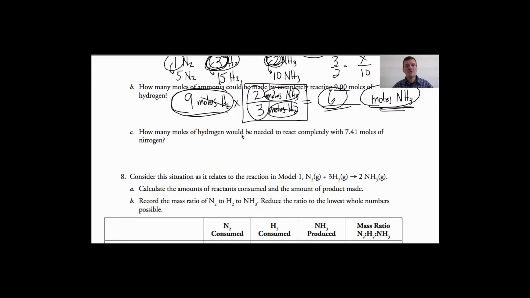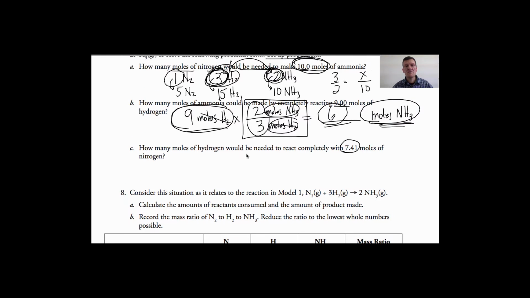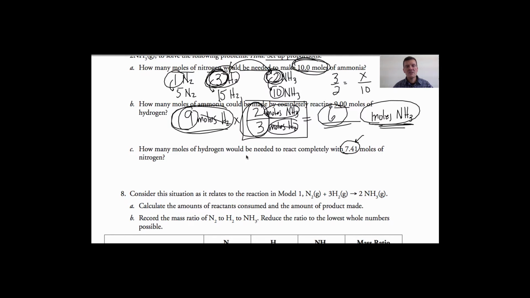How many moles of hydrogen would be needed to react completely with 7.41 moles of nitrogen? Now they're throwing in 7.41 because it's not as easy. Before we had 9, 10, it was easy to see what factors were being used, but 7.41. So let's use our mole ratio now. How many moles of hydrogen would we need to completely react with nitrogen?